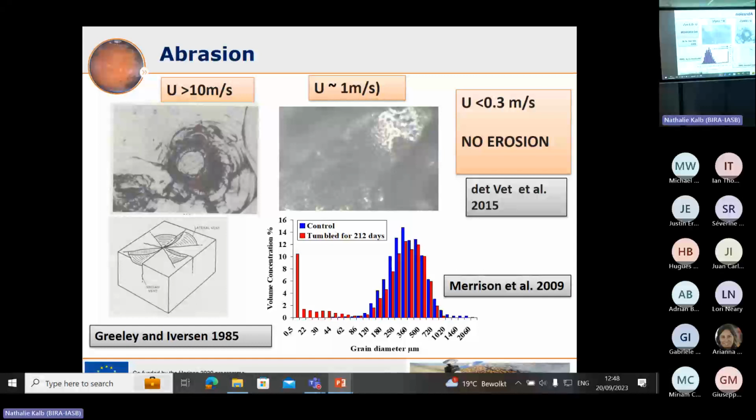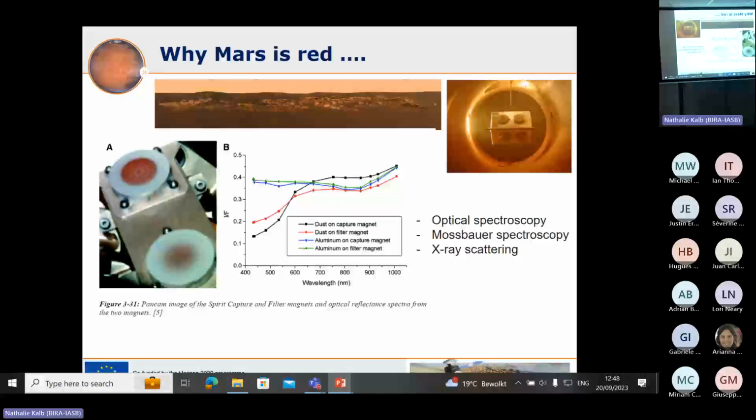This may be relevant to Mars. What is definitely relevant to Mars is, I don't know whether many of you ever thought about why Mars is red, but in principle Mars should be gray since it's made of volcanic basaltic material, which is gray.